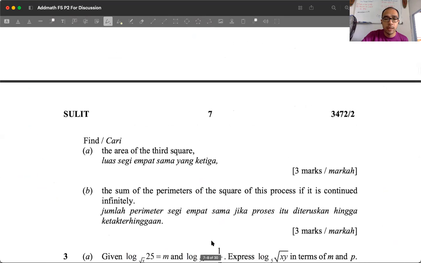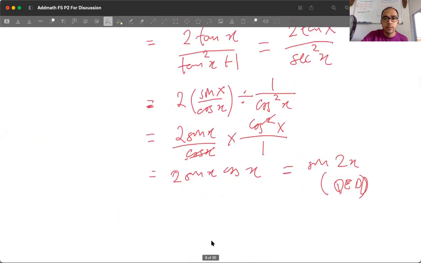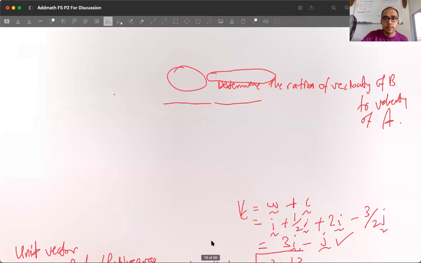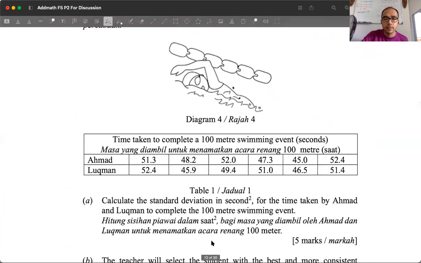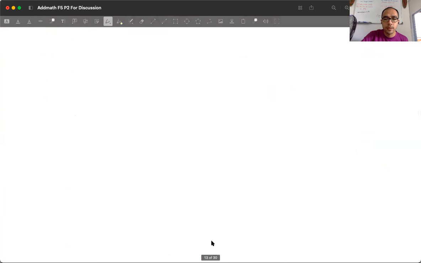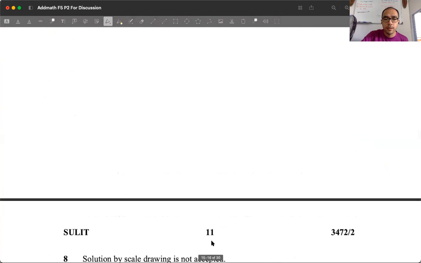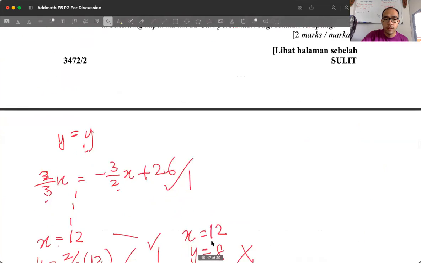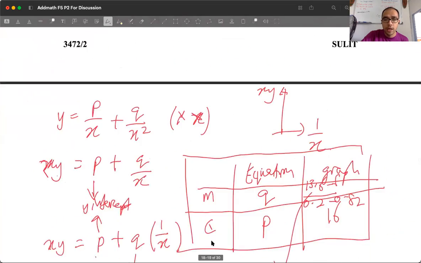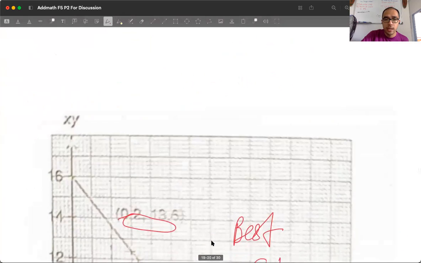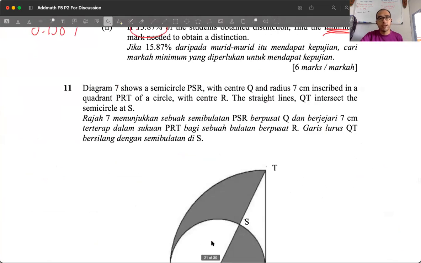There we are, question number 11. After this is linear law. After linear law is the probability distribution, and then now we have here.